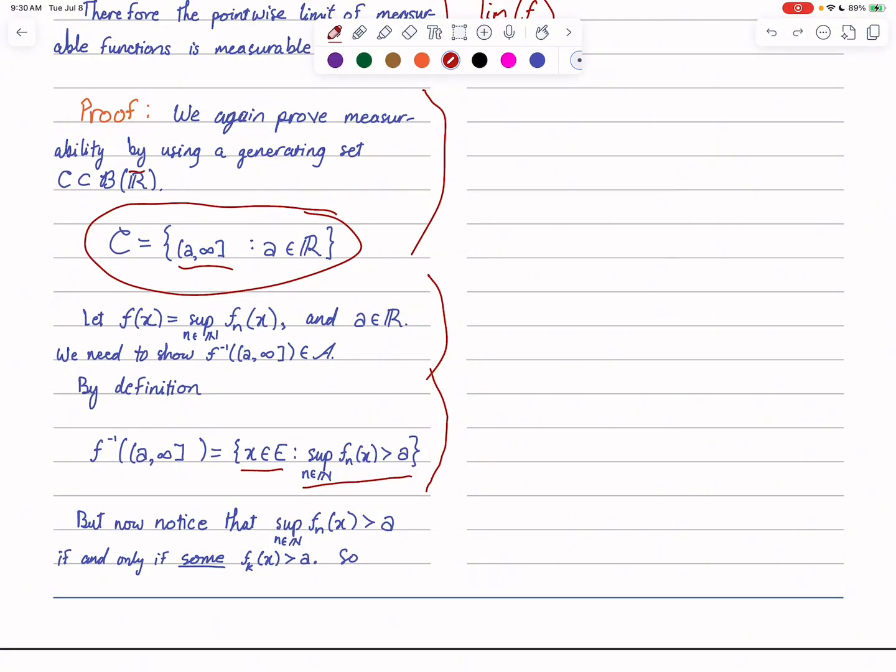But now notice something about this sequence, or this set. Pick some particular point, and it may help to draw a diagram. Let's imagine that you've got some function f1, and maybe it's getting bigger and bigger, and we're really only interested in one particular point.